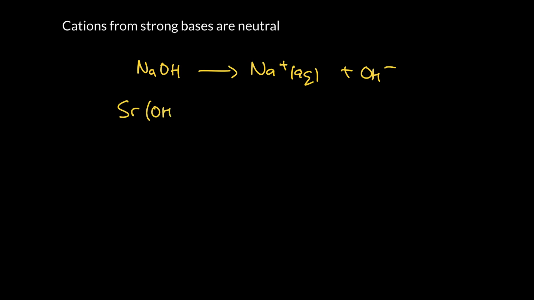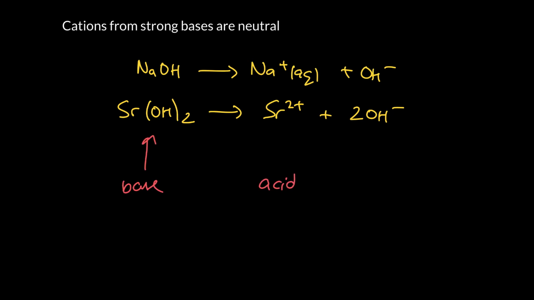Now, instead of weak bases, if you look at strong bases, so strong bases are things that undergo complete dissociation. So something like sodium hydroxide breaks apart and forms sodium and the hydroxide ion, something like strontium hydroxide. So remember, those group 1 and 2 hydroxides are often strong, so it breaks apart and forms strontium and 2 hydroxide ions. So we've already seen that this would be the base, and this would be the conjugate acid.